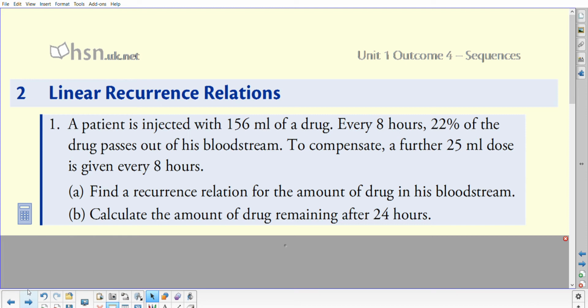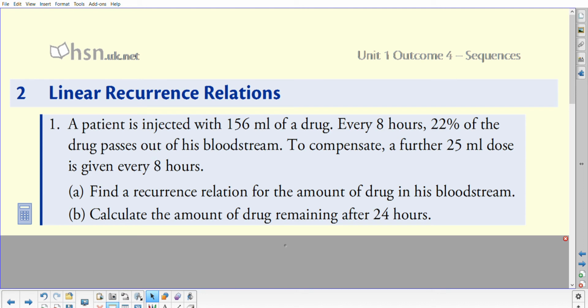To compensate, a further 25 millilitre dose is given every 8 hours. And you have to find a recurrence relation for the amount of drug in the bloodstream, and then you're asked to calculate how much of the drug would be remaining after 24 hours.